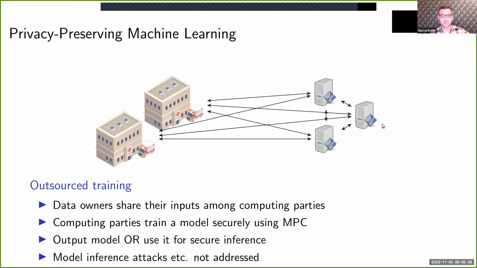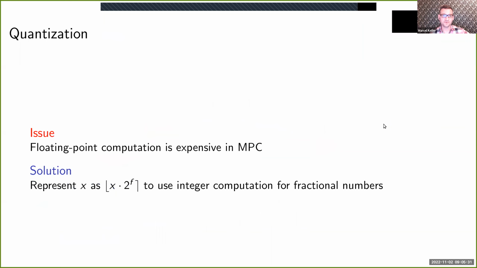So going on, before I talk about some nice applications, I would like to mention, for a more general audience, although cryptographers might be well aware of that, usually we do quantization, or as we call it in cryptography, fixed point representation. That is, we represent fractional numbers as integers.